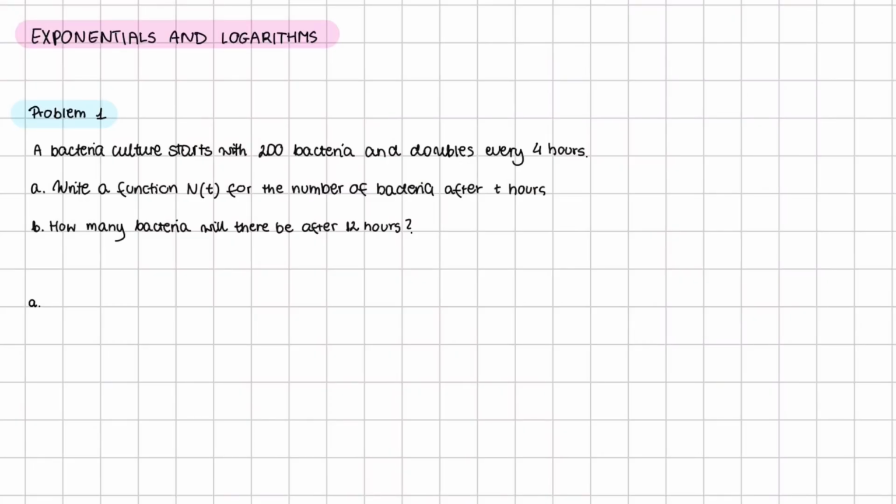A bacteria culture starts with 200 bacteria and doubles every 4 hours. In A, we have to write a function for the number of bacteria after t hours. We know that N versus t is the number of bacteria after t hours, and our initial number of bacteria is 200, and this amount doubles every 4 hours.